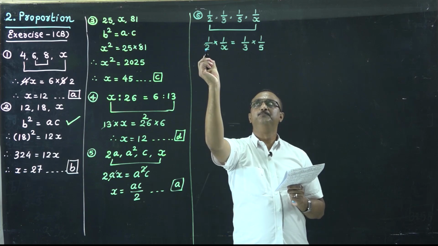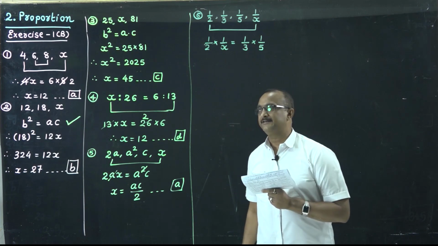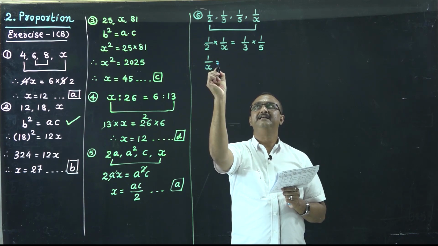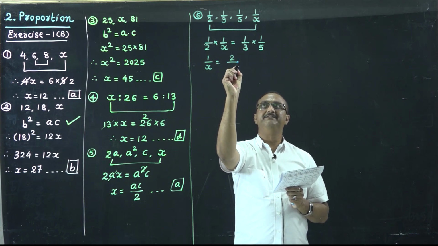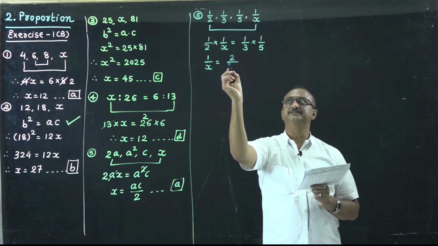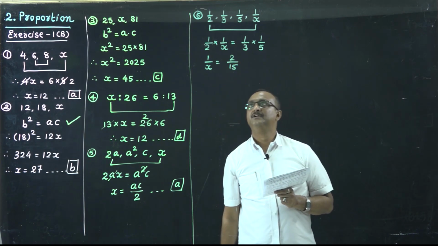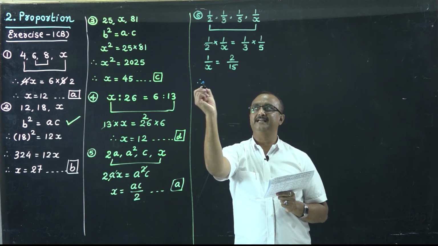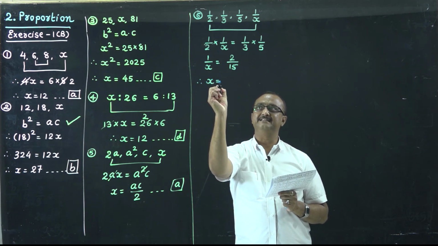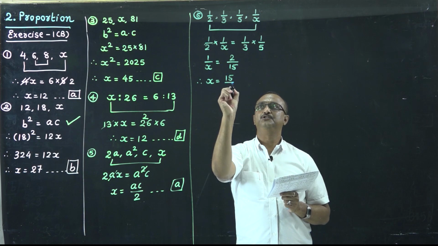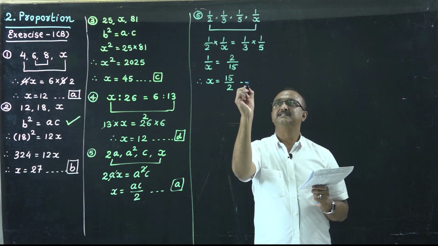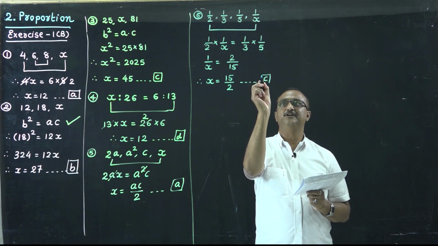Okay, so moving 2 to the denominator of the right side, we get 1 upon x equal to 2 divided by 5 3s are what? 15. Now taking the reciprocal of both sides, we get x equal to 15/2. So our correct answer is option C.